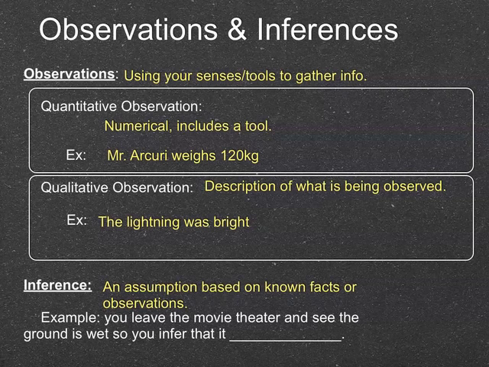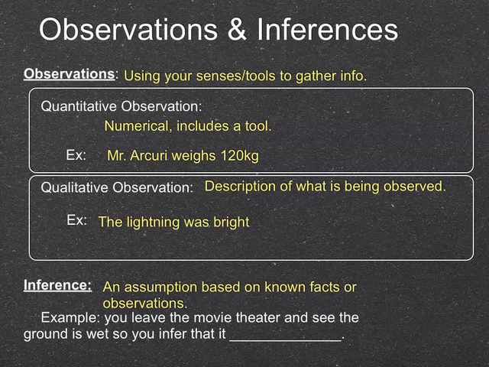So for an example of an inference, if you walk out of the movie theater and the ground is all wet, what inference would you make? David? That it rained, that makes sense, right? Now, did you observe it raining? No. You were in the movie.